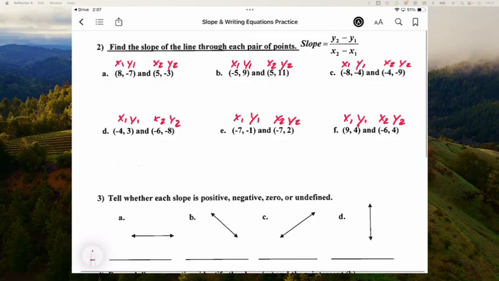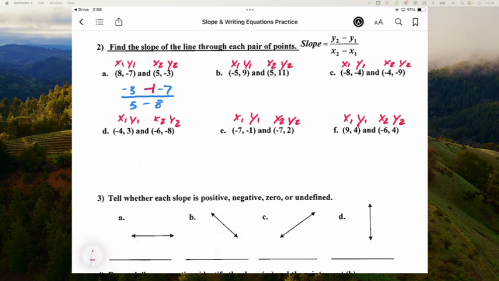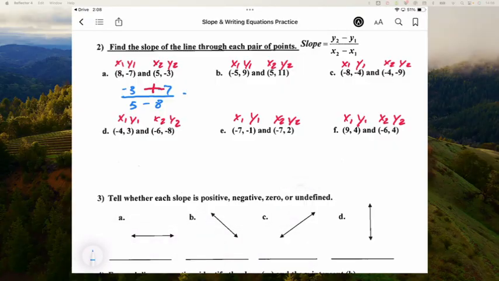I'm not going to have enough room to write the slope formula each time, so I will just use the template and put the numbers in where they would go. So y2 minus y1 is negative 3 minus negative 7. x2 minus x1 is 5 minus 8. Those two negatives are going to become a positive. Negative 3 plus 7 is 4 over negative 3.